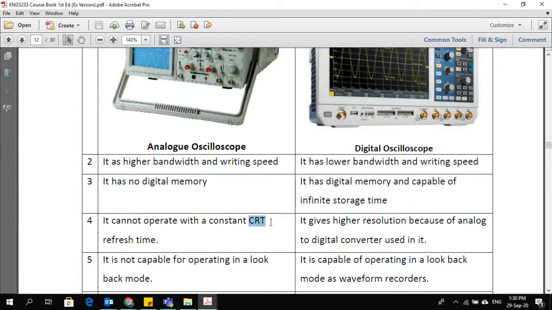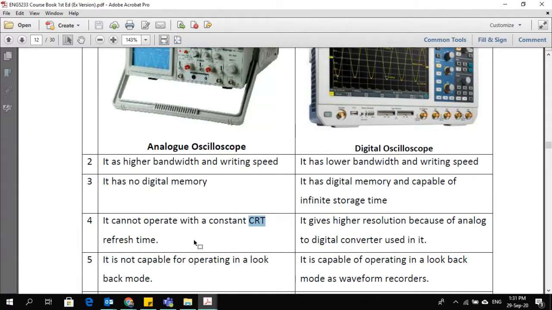If you remember, when LED TV or LCD TV were not in the market, there used to be old TVs which were bigger in size and depth. They used to have a cathode ray tube, and on that you used to see the picture. The same cathode ray tube was used in the oscilloscope to display the waveforms.